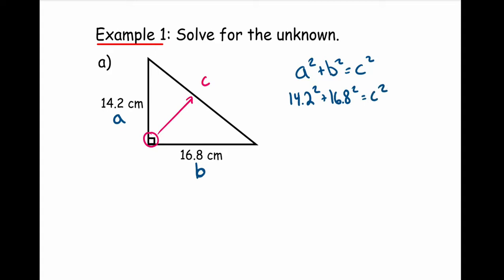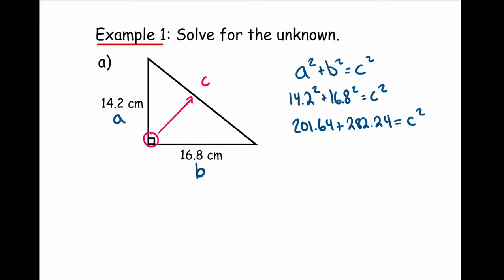I'm still squaring those numbers. So 14.2 squared, 201.64, plus 16.8 squared, 282.24, which equals C squared.